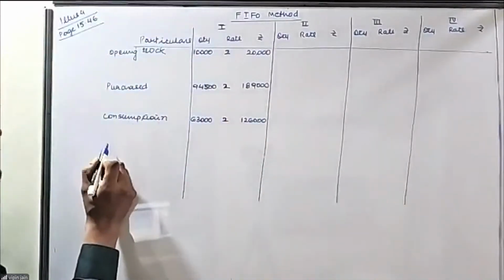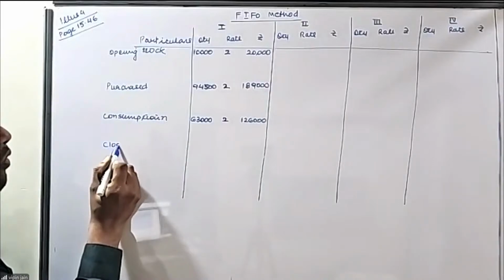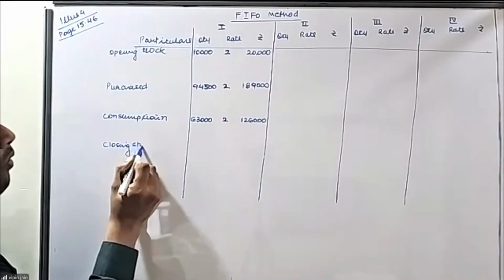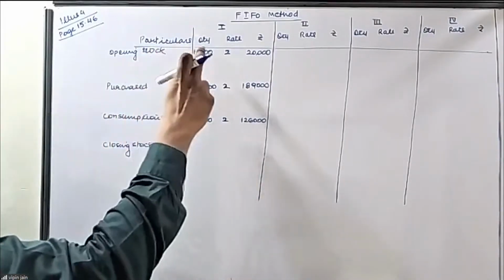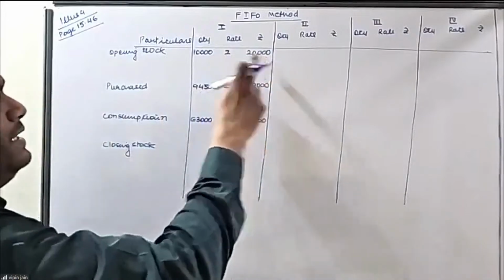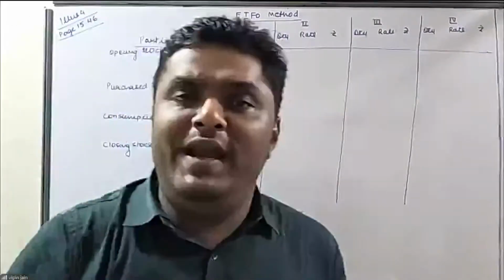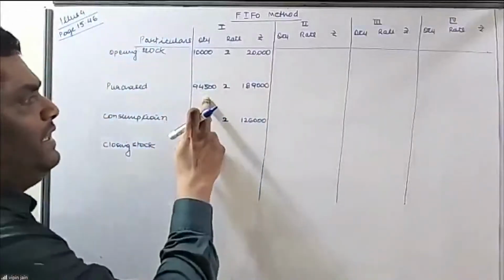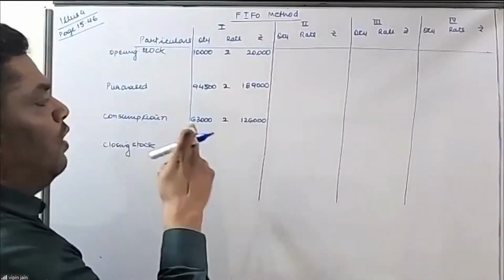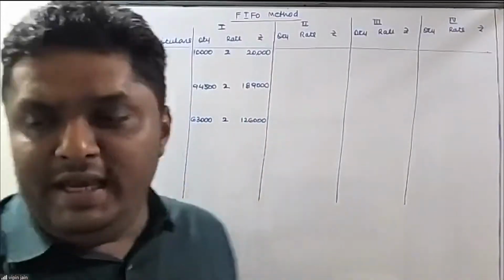So we will get the closing stock. Opening stock 10,000 into 2, 20,000. This much quantity we have purchased. So total we have 1,04,500 kgs of 2 rupees. Of this, 63,000 is already consumed.